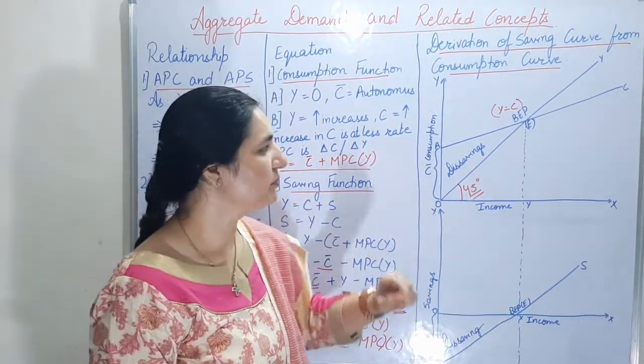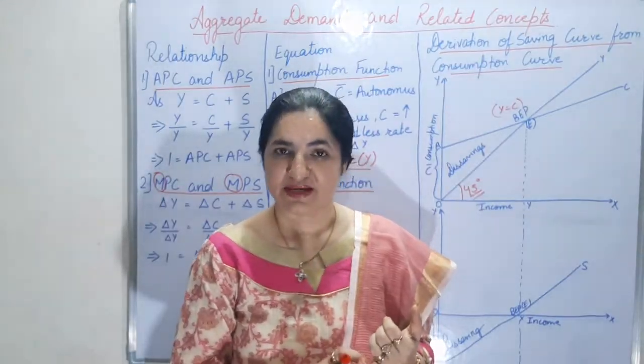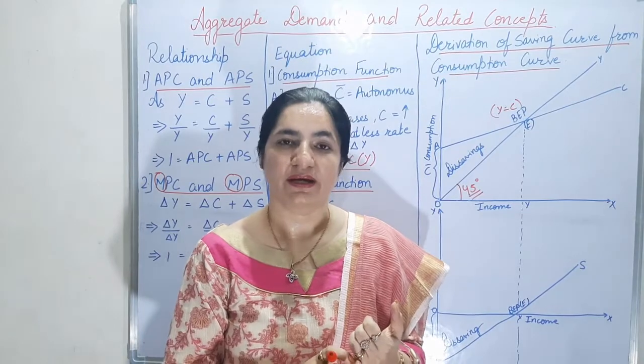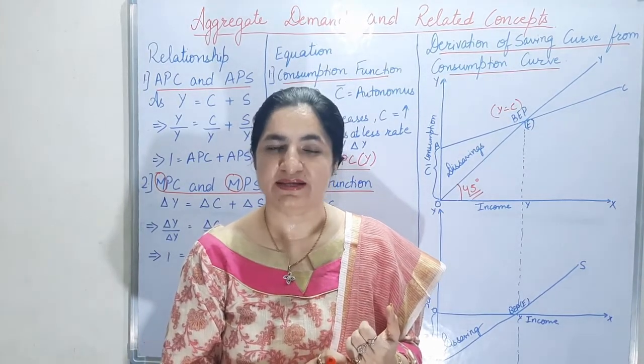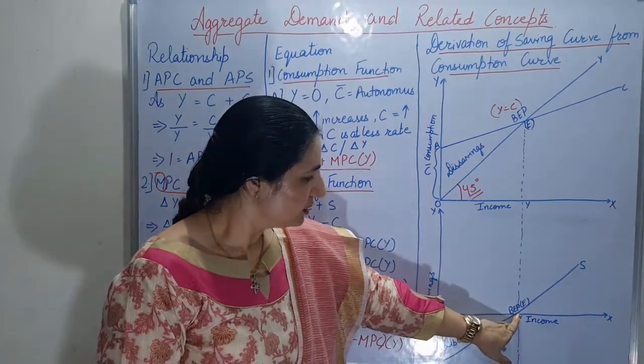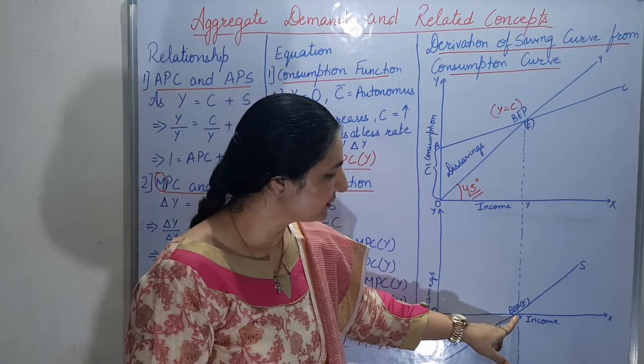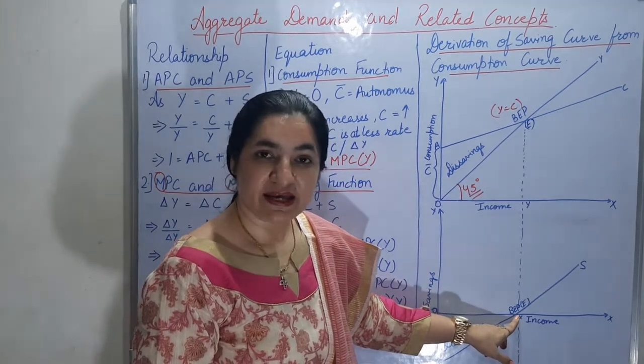The conditions of BEP are, first, the income is equal to consumption. It means the whole of the income is consumed and nothing is saved. So saving is 0.